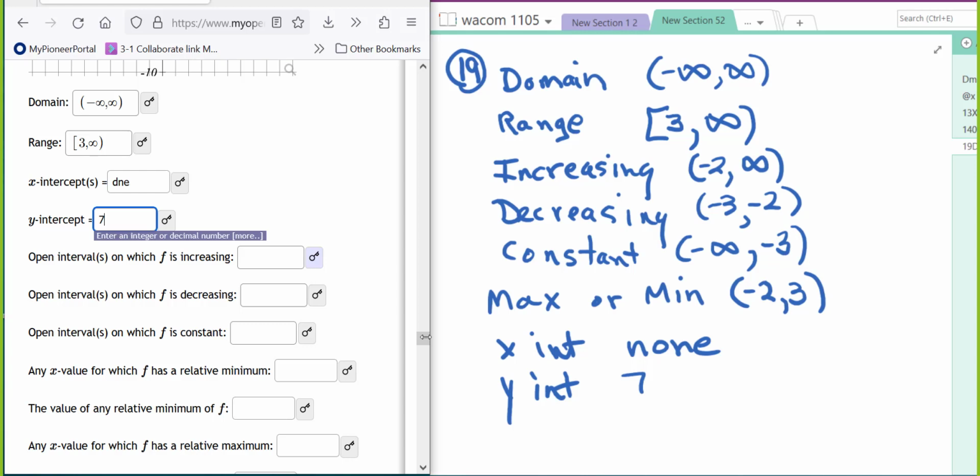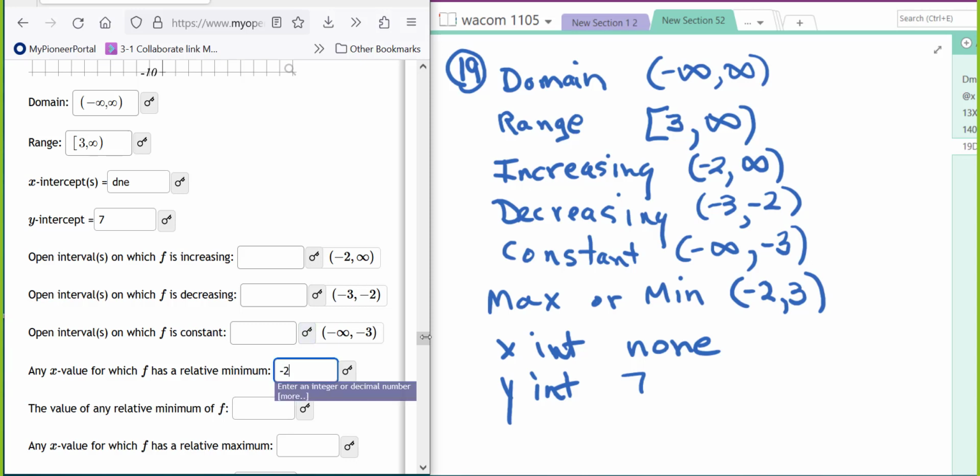Let's just look at the key, because I wrote them. So it is increasing from -2 to infinity, decreasing -3 to -2, constant -infinity to -3. All right, any x value for which it has a minimum. So they want the x, and that will be -2.